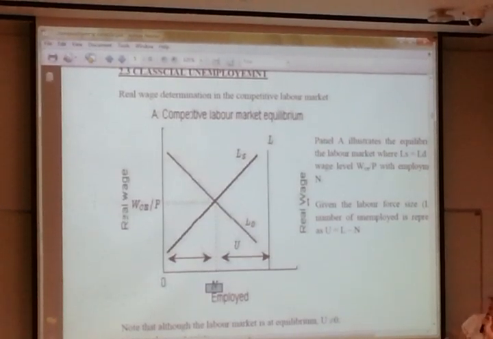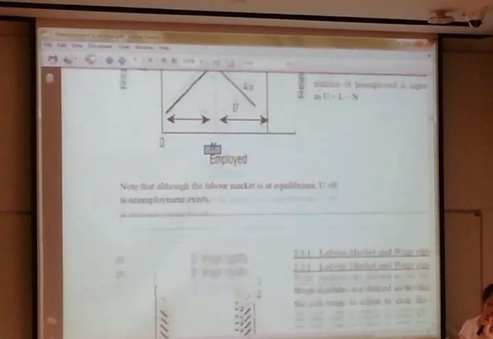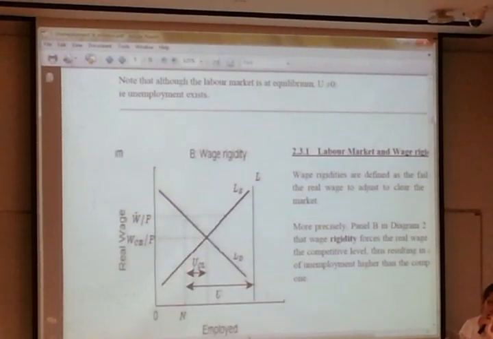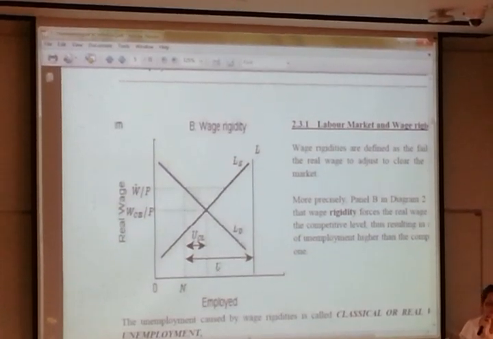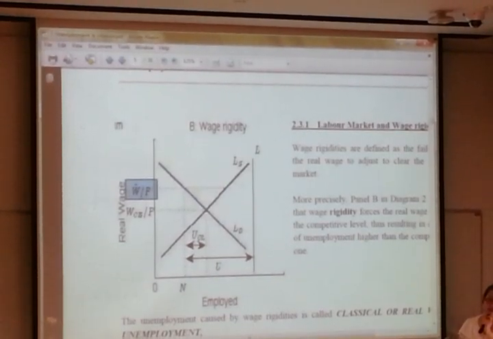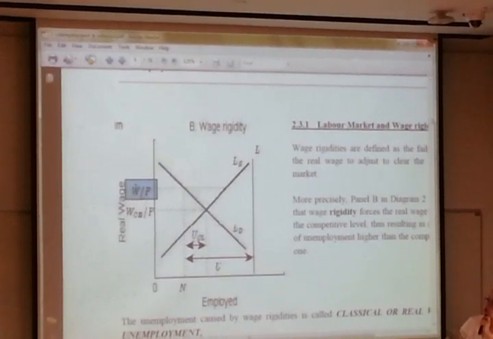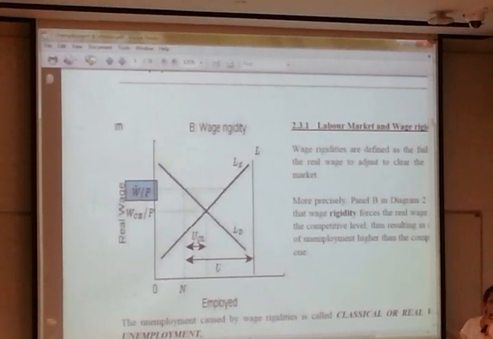Okay, so what would worsen this situation? Which is given in the second diagram. In an economy, there are certain forces that force wages to go up. So you can see if you were to draw a higher wage rate, your labor demand, look at where my arrow is pointing, actually will fall.